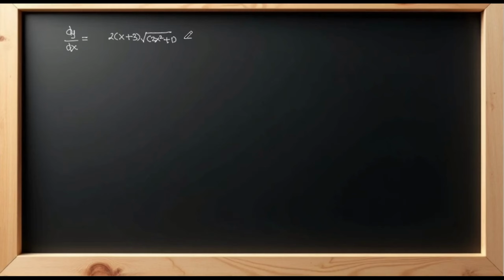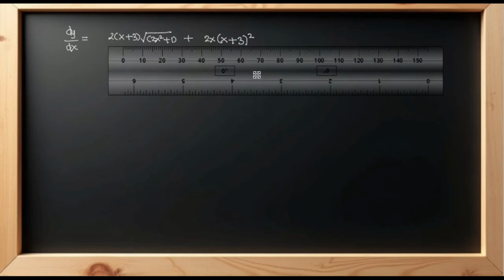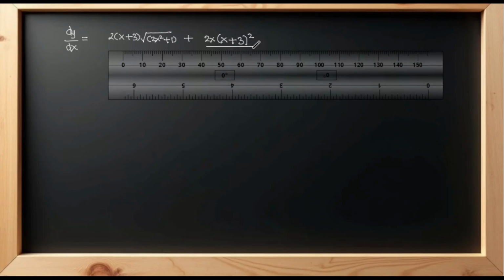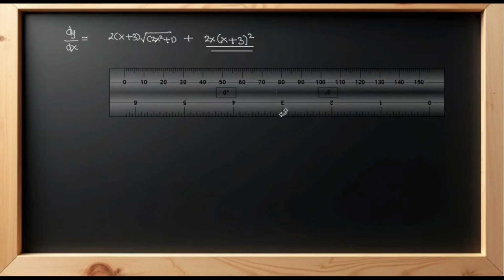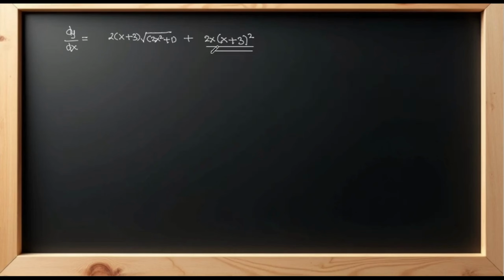And then we have our addition sign, and we have 2x multiplying (x plus 3) raised to power 2, and the whole of this one is over the square root of 2x squared plus 1.